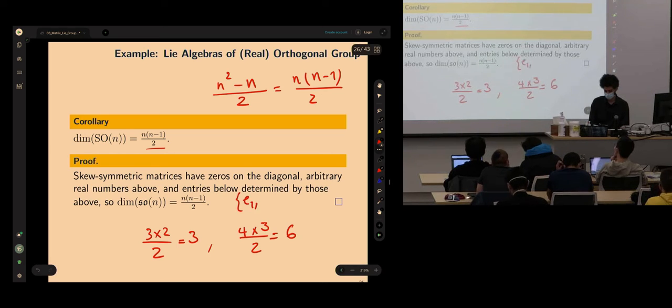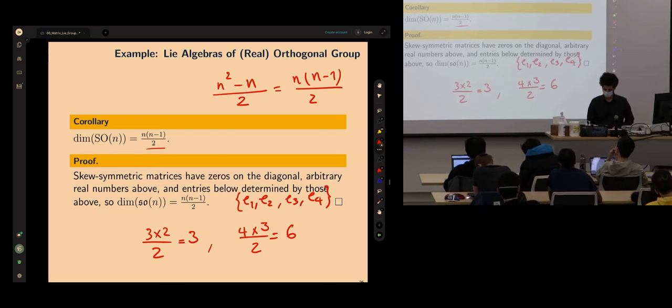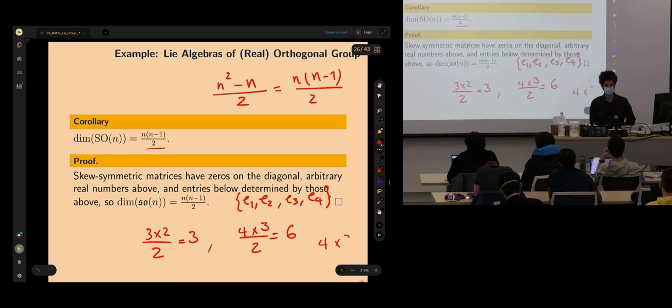Which again, you can write down e1, e2, e3, e4. To rotate about an axis, you need a plane, right? You need 2 of these vectors to define that plane. For the first vector, you have 4 options. For the second vector, you have 3 options.